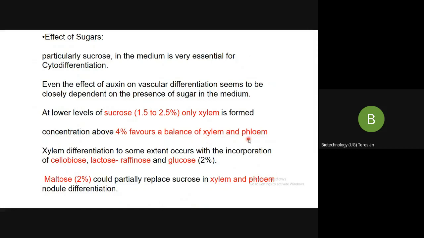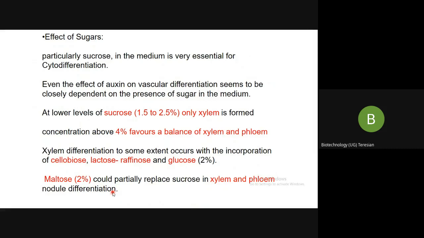Xylem differentiation to some extent occurs with the incorporation of other carbohydrates such as cellobiose, lactose, raffinose, and glucose at a concentration of 2%. Maltose at a concentration of 2% could partially replace sucrose in xylem and phloem nodule differentiation.